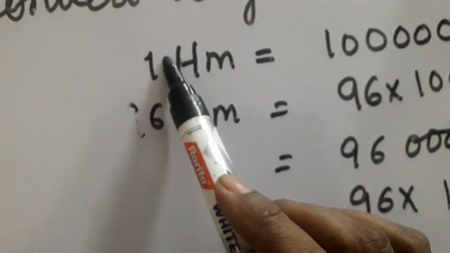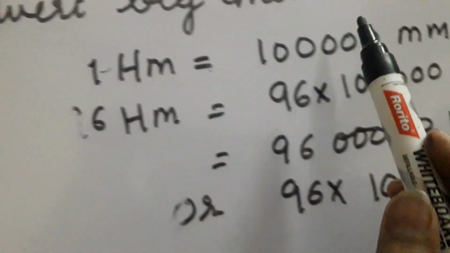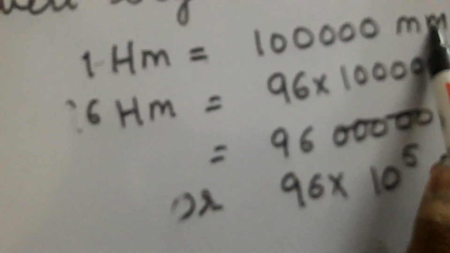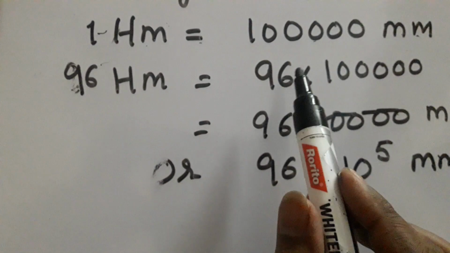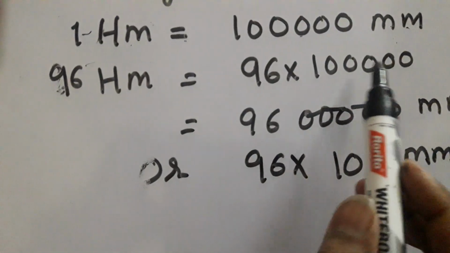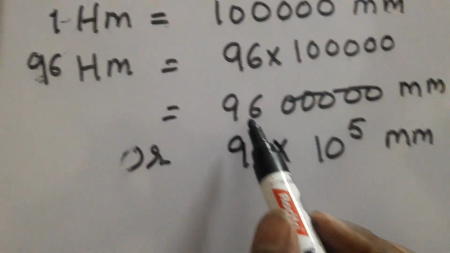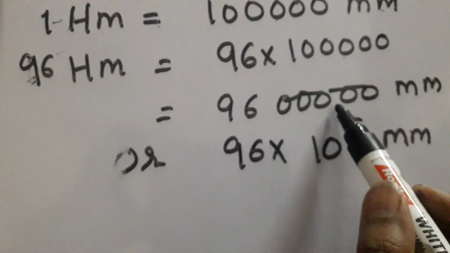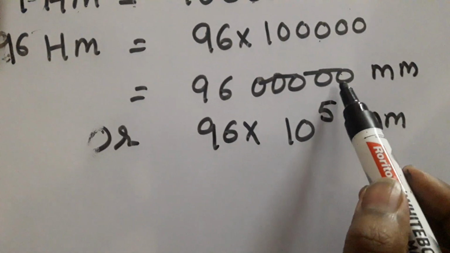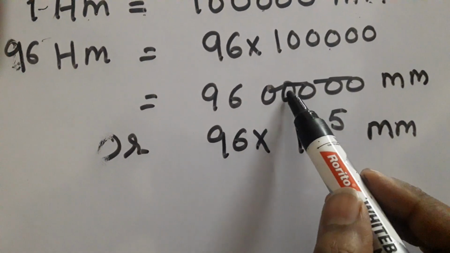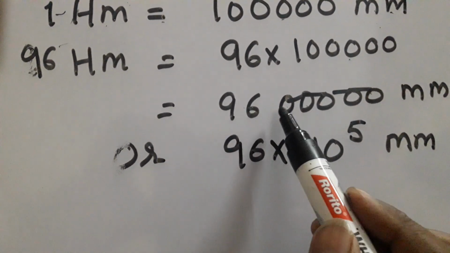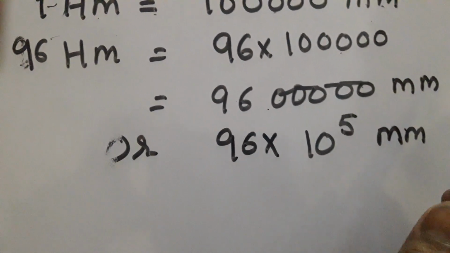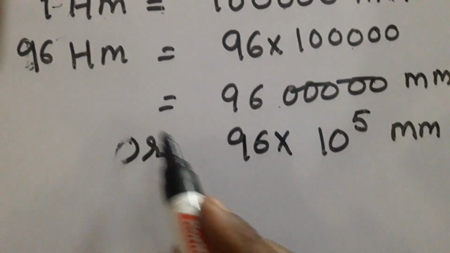So 1 hectometer is equal to 1 lakh millimeter. 96 hectometer is equal to 96 multiplied by 1 lakh. 96 and 5 zeros: 96 lakh millimeter.